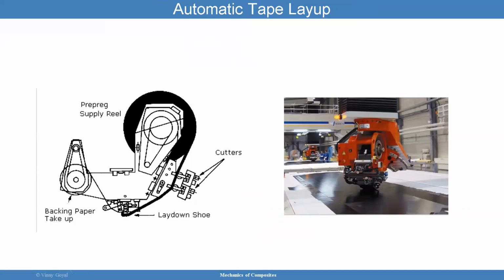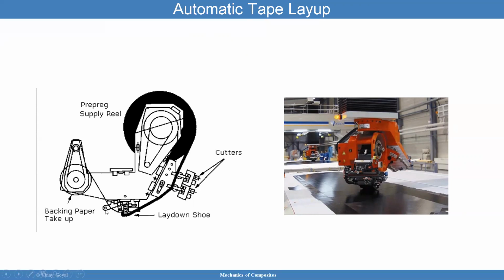An automatic tape layup, and I'll have a later chart on that, but here basically the prepreg plies are here, and they're getting fed in, and these are your cutters. And as you lay it down, you have local heating applied, and you also have pressure applied against the composite so that it's rolling in there with pressure.